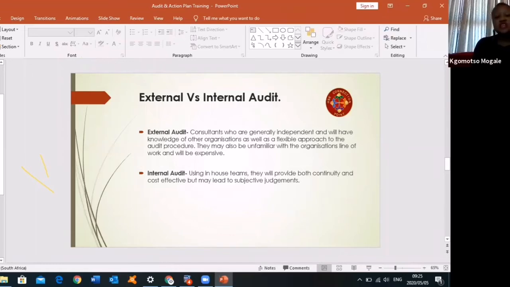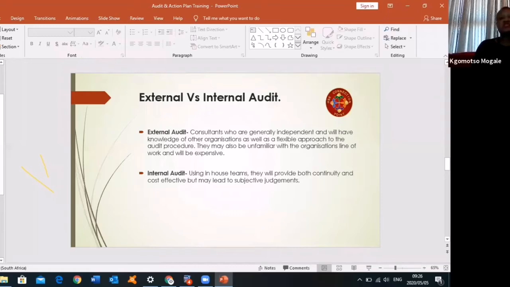So basically, with an external audit, guys, we know most of our companies have an external audit to ensure that we comply with the legal regulations, and also to make sure that we are not being biased. Because if we do the audit all the time, we can miss some of the shortfalls that we have in our system.